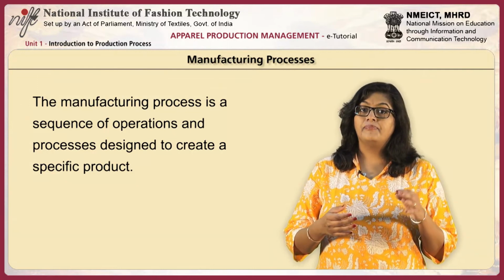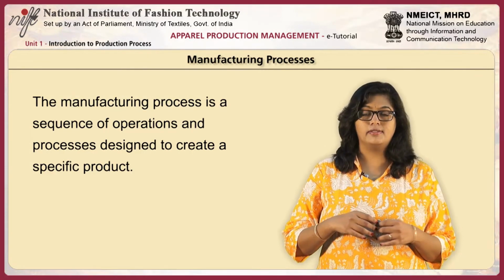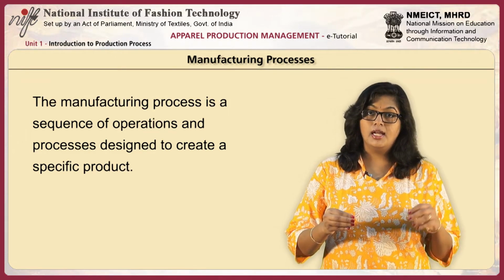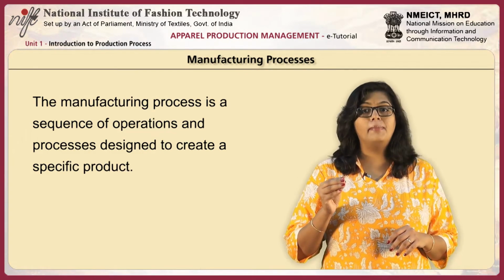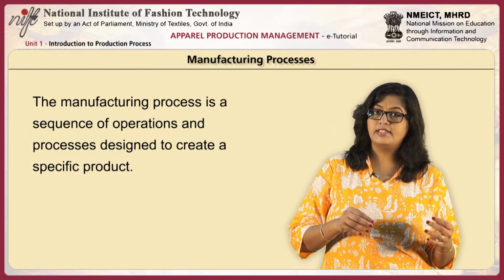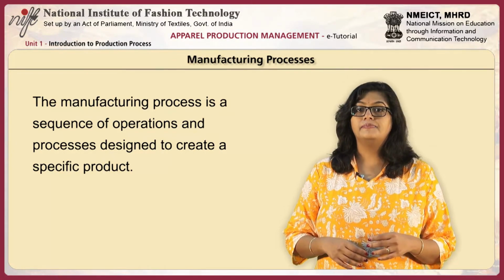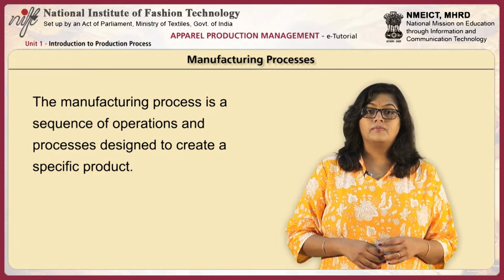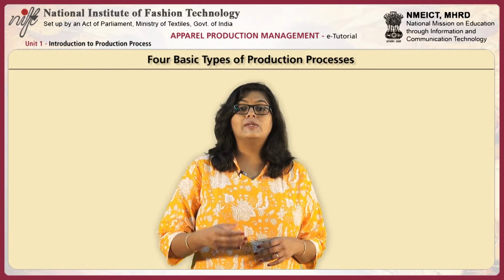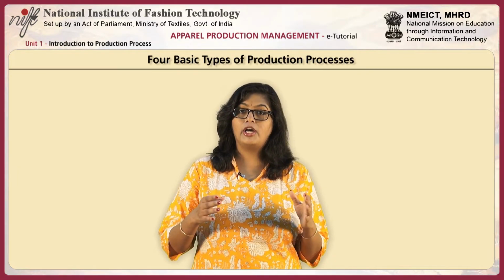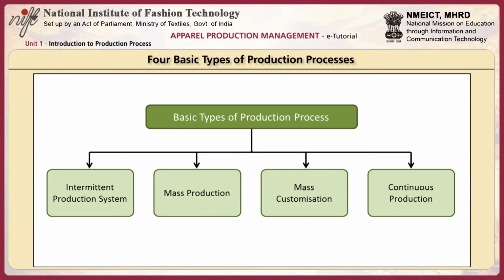Next comes manufacturing processes. The manufacturing process is a sequence of operations and processes designed to create a specific product. Let us look into 4 basic types of basic production processes.